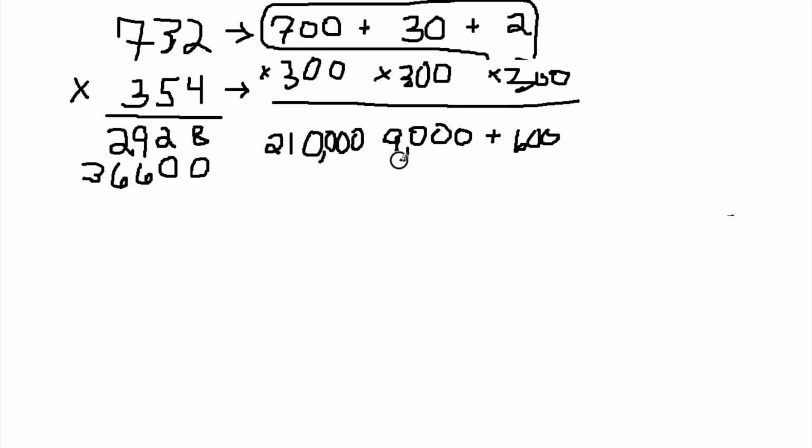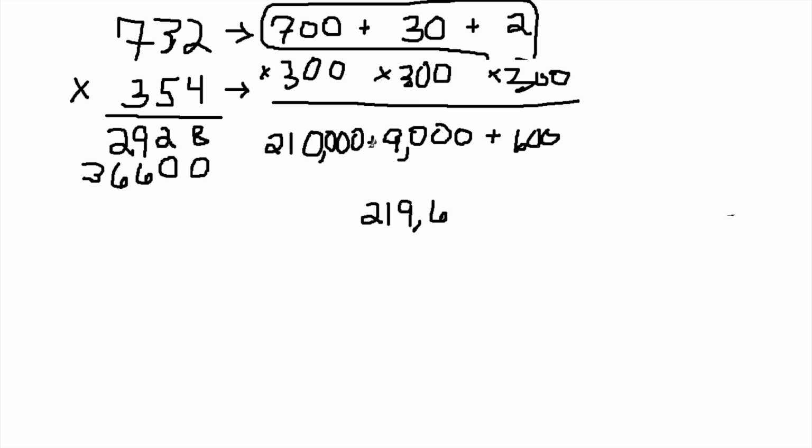So now we have 200,000 plus 10,000 plus 9,000 plus 600, which would equal 2 in the 100,000s, 1 in the 10,000s, the 9 in the 1,000s, plus the 6 in the hundreds, because there's 0 and a 0, so that's just going to be a 6.